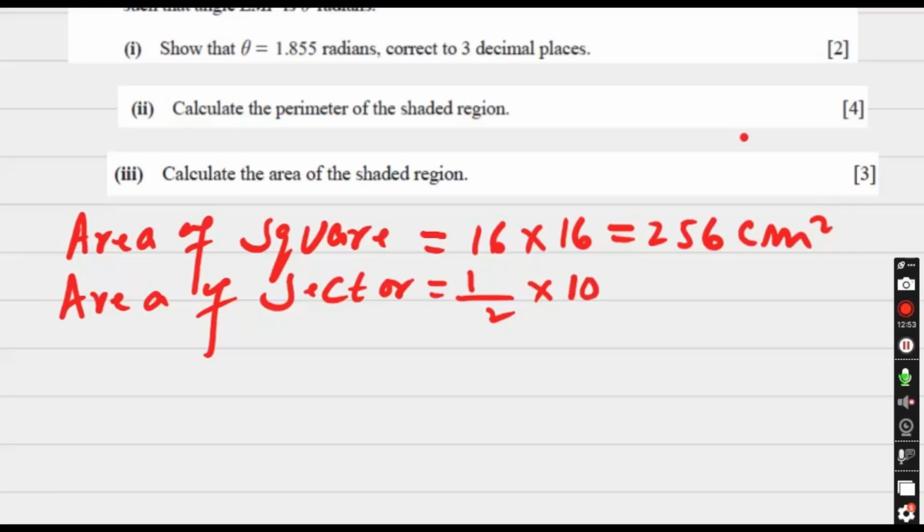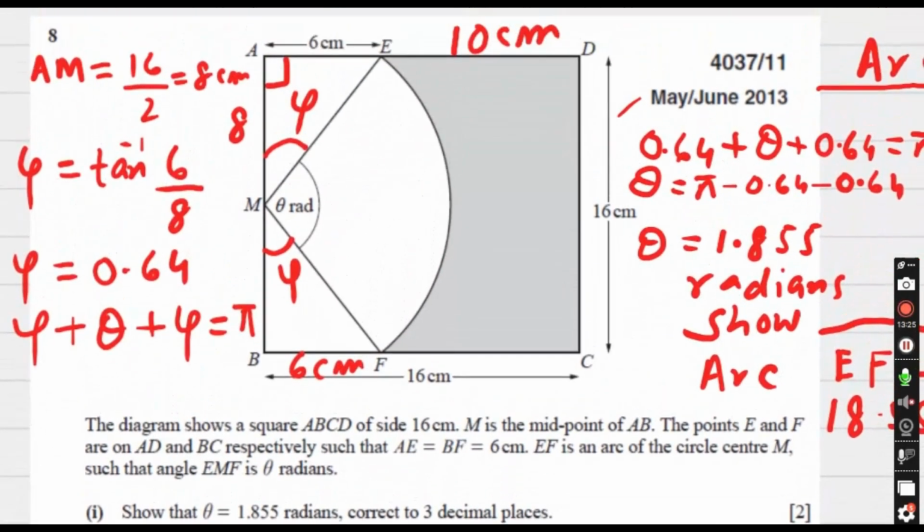Radius we have already found, 10 square, into theta. Theta we have found in part number 1, that is 1.855. The final answer for the area of sector is 92.75 cm square.